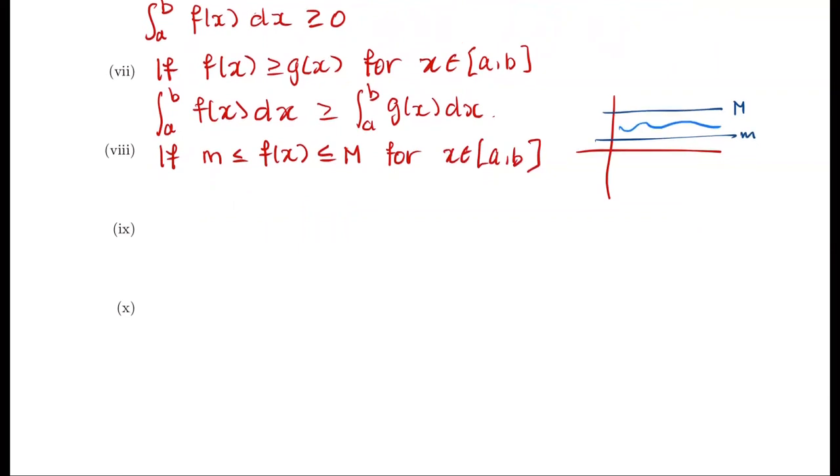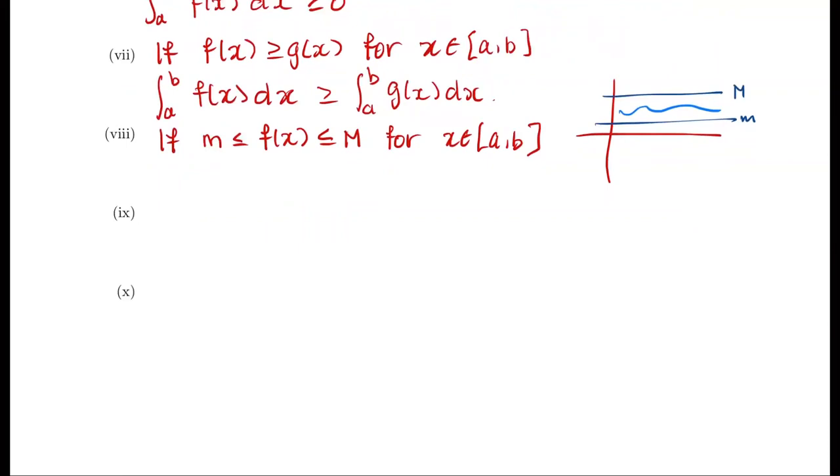Then we say that the integral, or the area under the lower bound, which is a constant, is going to be less than or equal to the area from a to b of f of x dx, which is less than or equal to the upper bound multiplied by b minus a, which is another constant function. So this property is also true.